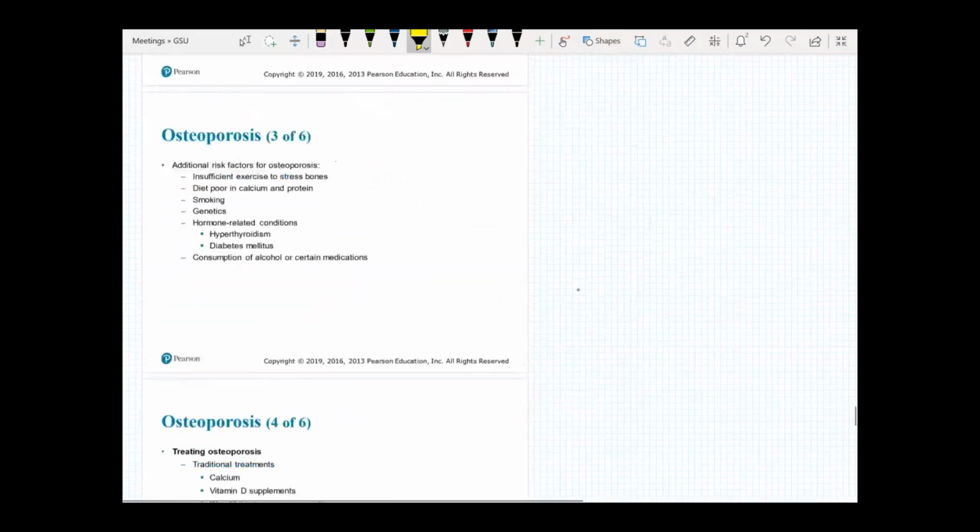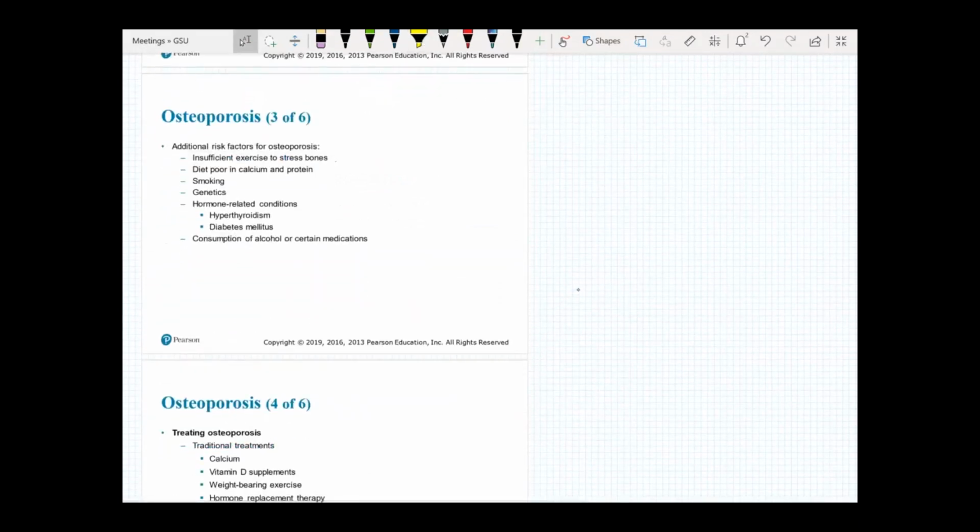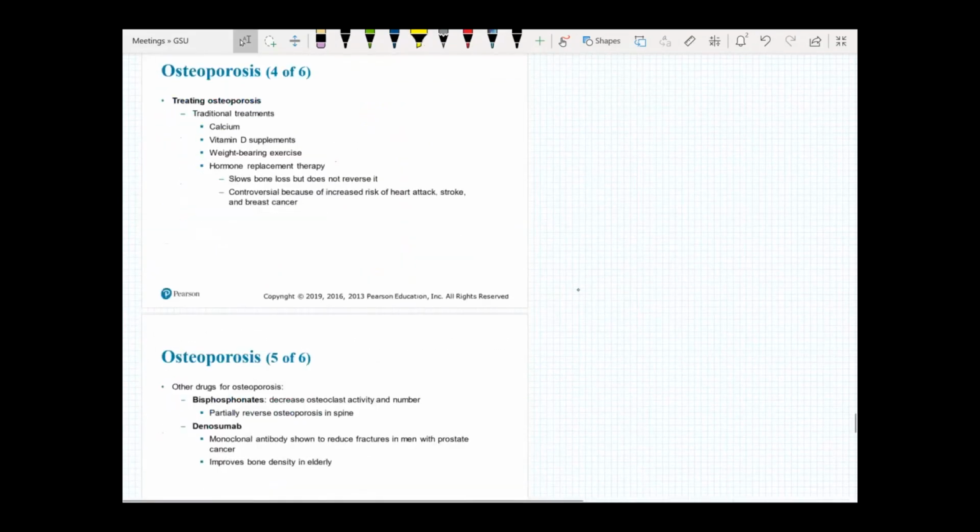Okay, so that's osteoporosis. Some additional risk factors are everyday life choices like smoking or poor diet where you don't have enough minerals like calcium and protein, insufficient exercise, but also things like genetics, hormone-related conditions, and consumption of alcohol. And there's how we treat it.